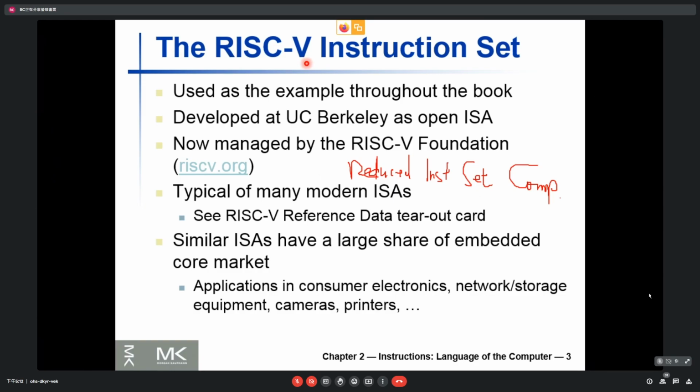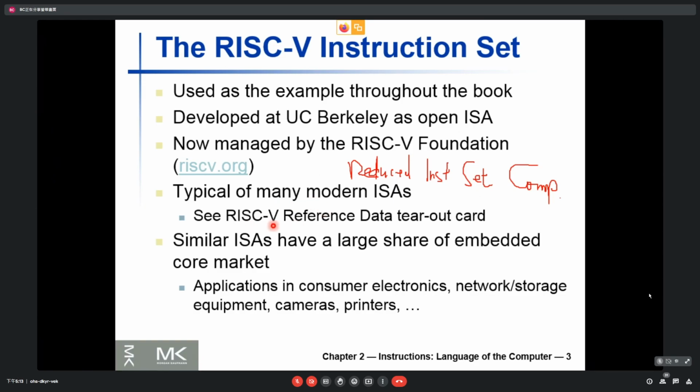This is an instruction set coming out of Berkeley, and we will use this instruction set as an example throughout the book. 我们这一本课本会用这个当做例子而已。It was developed at UC Berkeley as an open ISA, instruction set architecture, and is now managed by the RISC-V Foundation, and is typical of many modern ISAs.